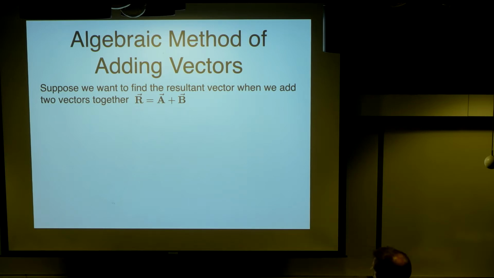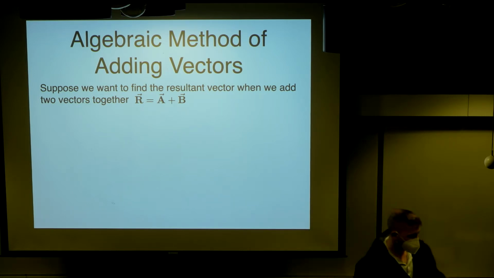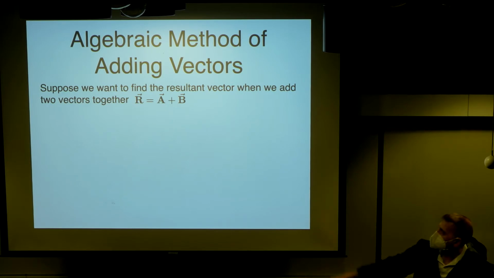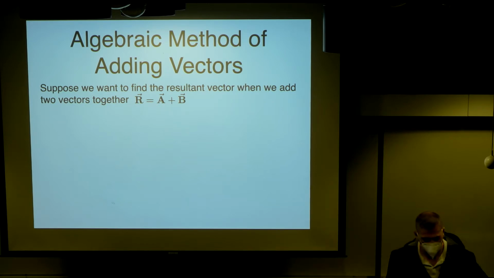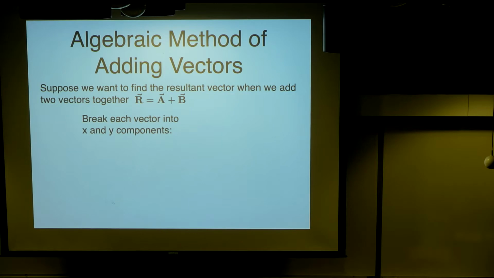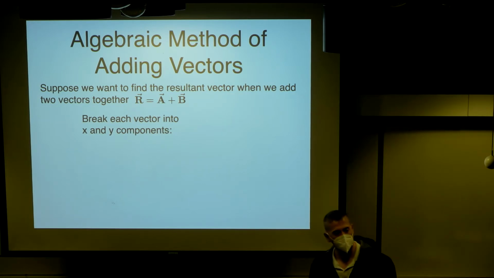All right, so let's say we have two vectors we're trying to add together, and we're just going to generically call those vectors A and B. And the resultant vector I get is going to be called R. Okay, so I'm trying to basically figure out what R is, given A and B. So the first thing that I'll do is I'll take each one of these vectors and break them into X and Y components.